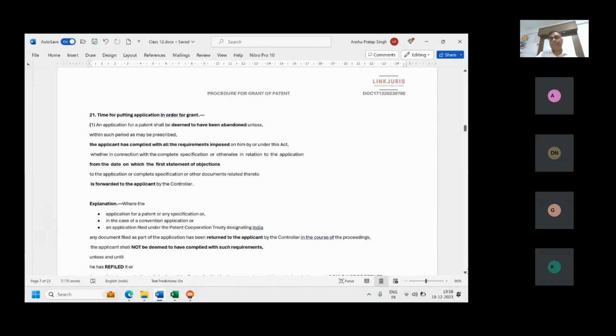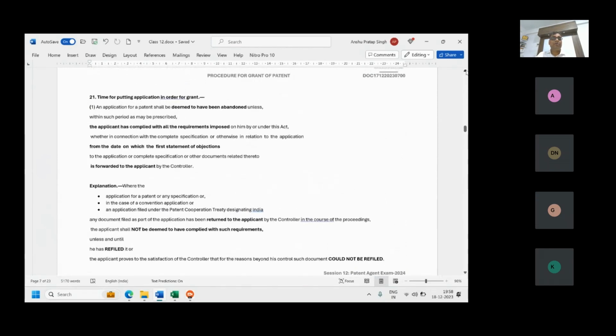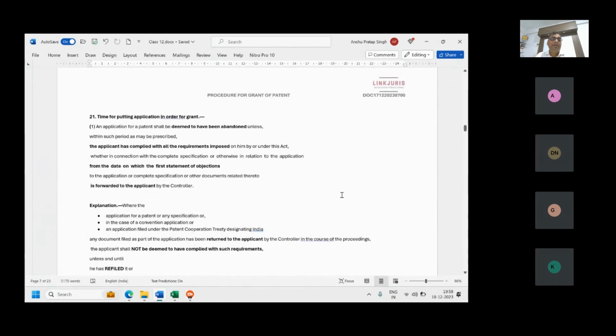Now comes section 21. Section 21 talks about putting the application in order for grant. It says that an application for a patent shall be deemed to have been abandoned unless within the prescribed period, that is 6 months, the applicant has complied with all the requirements imposed on him by or under this Act, whether in connection with the completed specification or otherwise in relation to the application, from the date on which the first statement of objection to the application or completed specification or other documents related thereto is forwarded to the applicant.